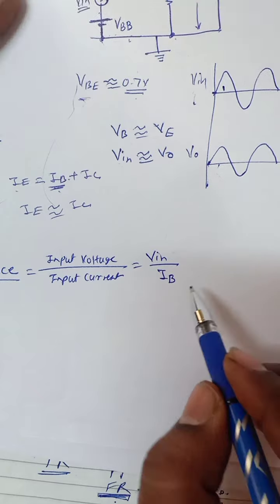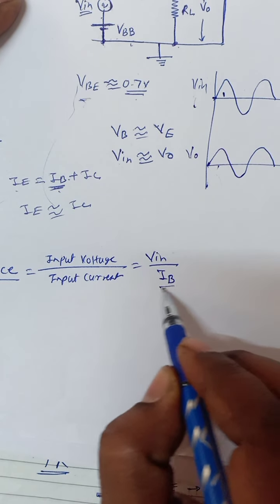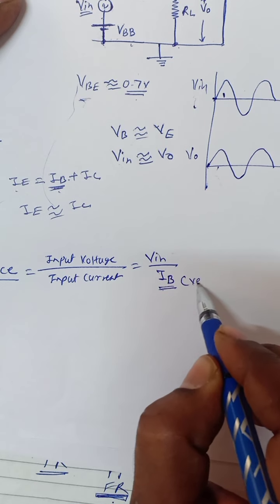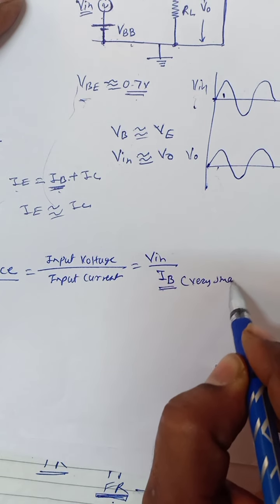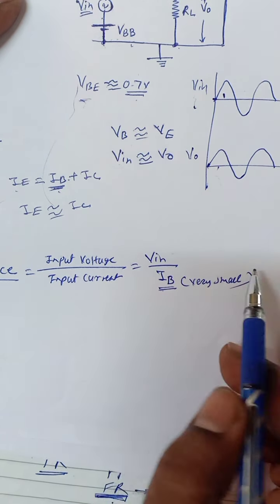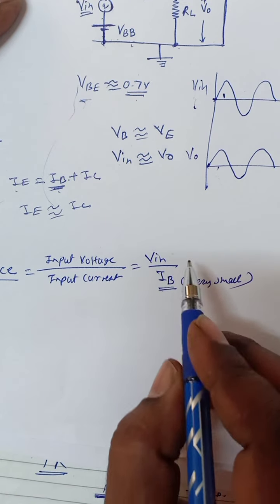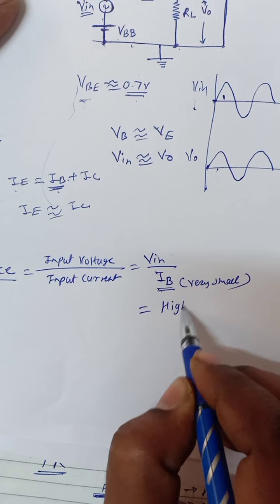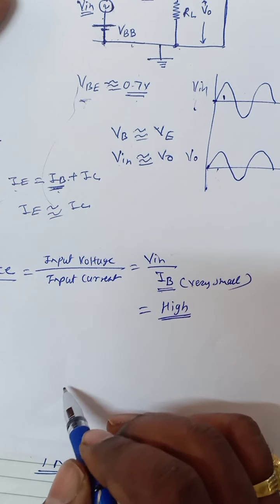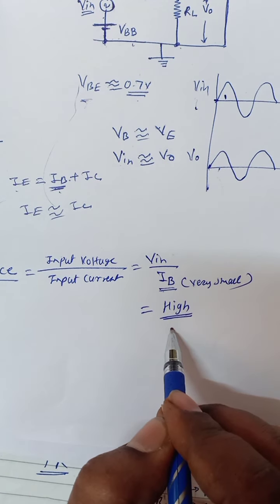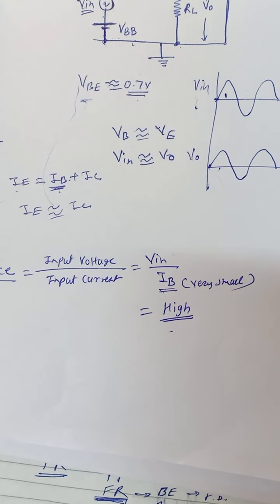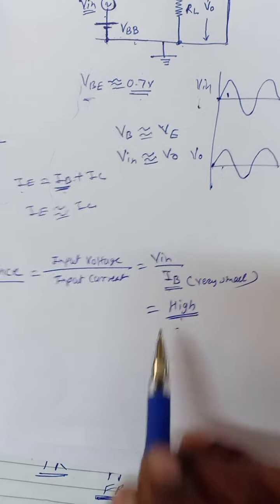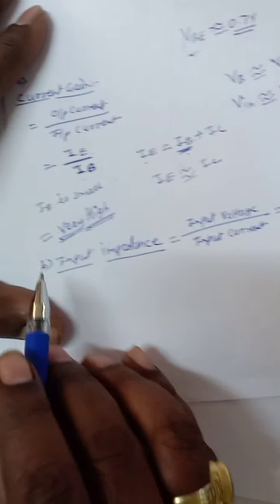This IB is very small, so the denominator is low, therefore we get a high input impedance.